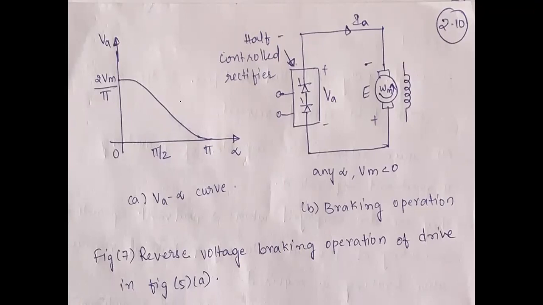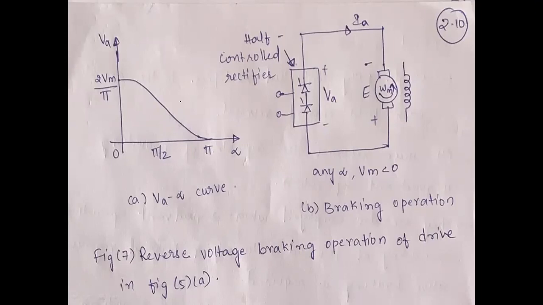After that, we have multi-quadrant operations: dual converters and single fully controlled rectifiers in the armature with field current reversals. So let us check the multi-quadrant operation basics. Consider multi-quadrant operation of a DC separately excited motor fed from a fully controlled rectifier. Here it is controlled from a fully controlled rectifier only, and the half controlled one is not used; single phase is mainly used here.